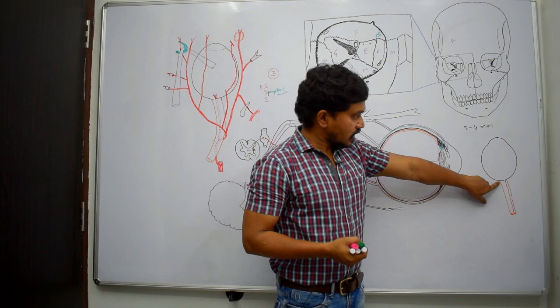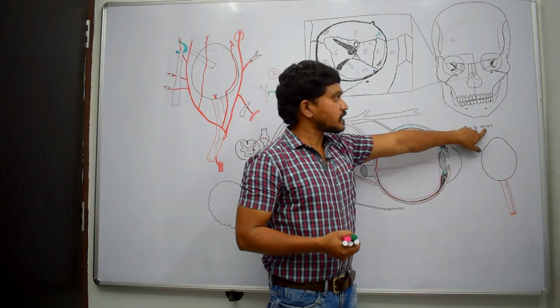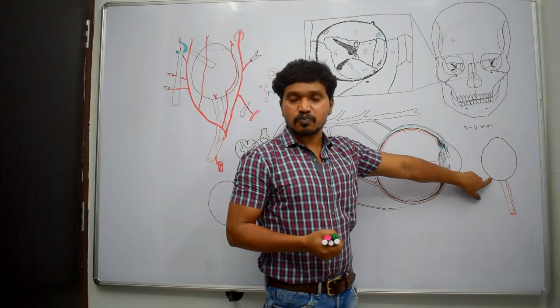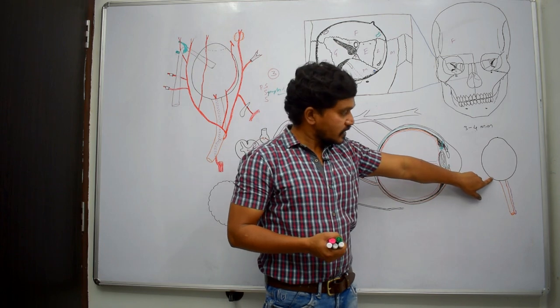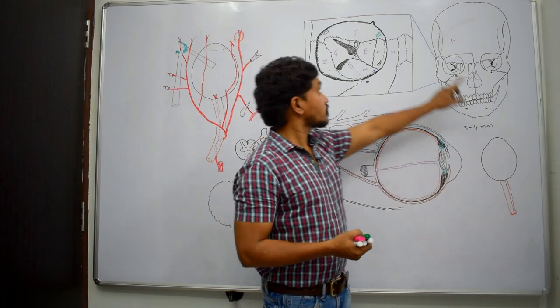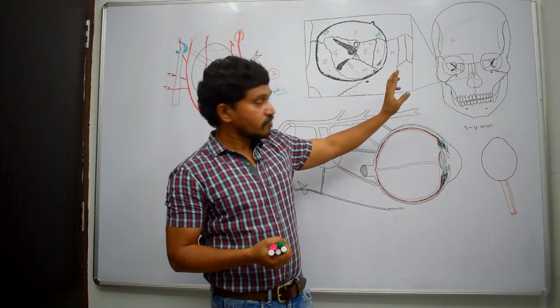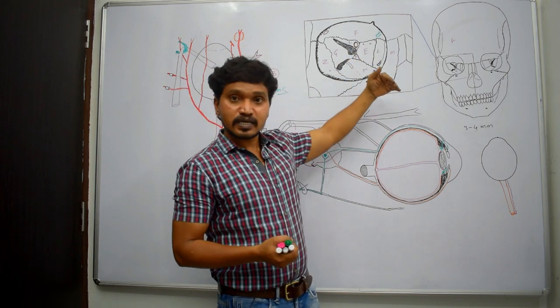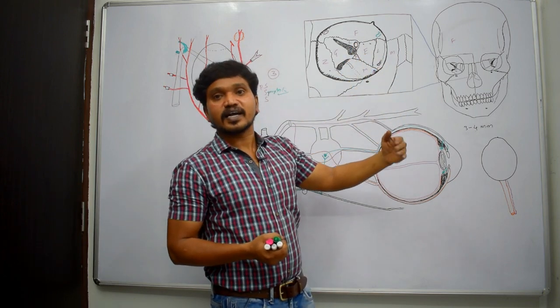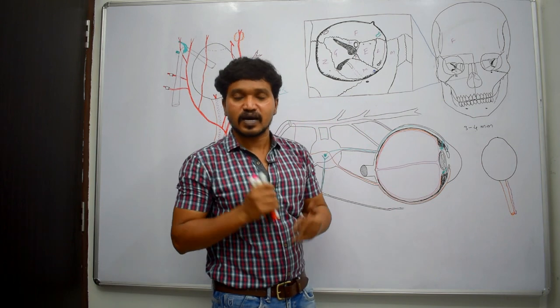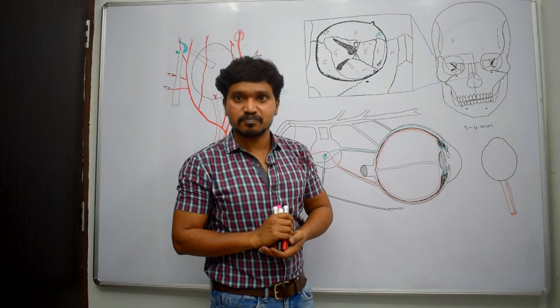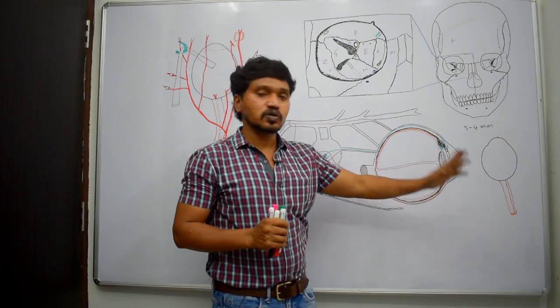It extends from 4 millimeters nasal to the posterior pole of the eyeball, then it extends back within the orbit. When it reaches the optic canal, it passes through that canal and enters the cranial cavity and joins the optic chiasma, right? So this is the course.